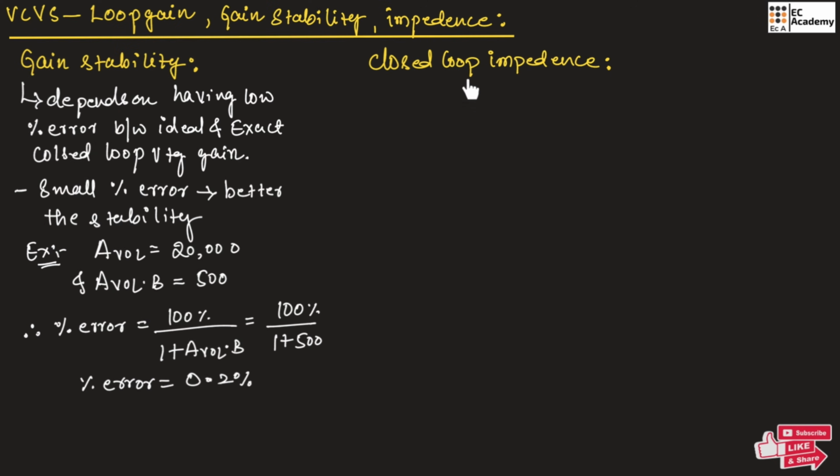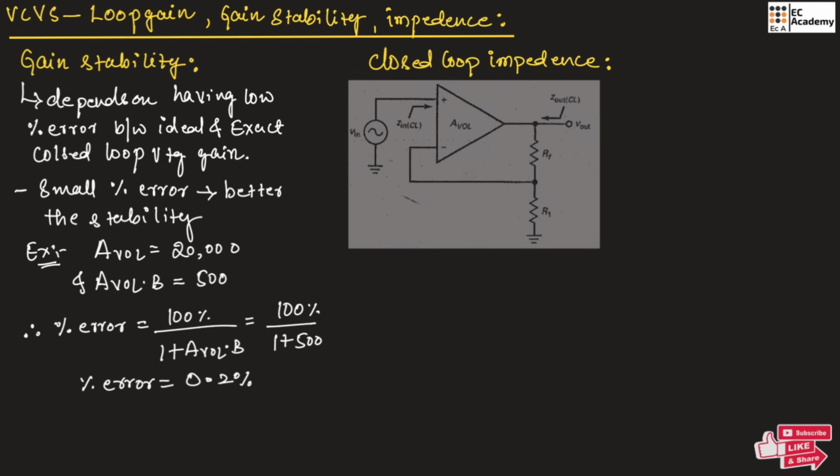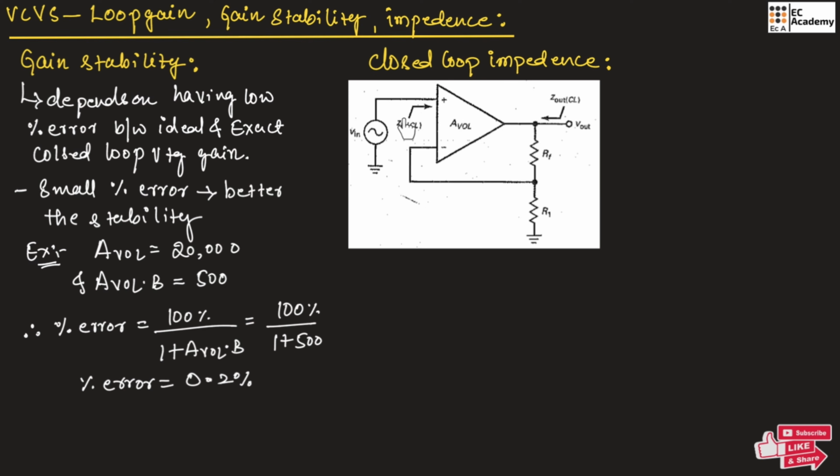Now let us understand closed loop impedance. The impedance measured from the input side is input impedance, and towards the output side it is output impedance.